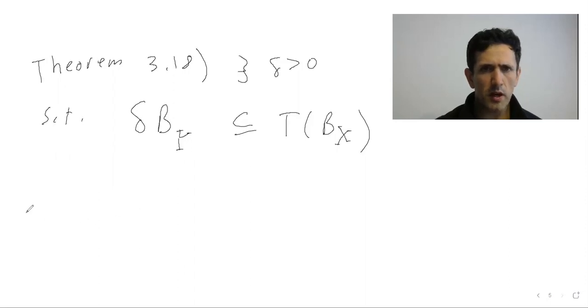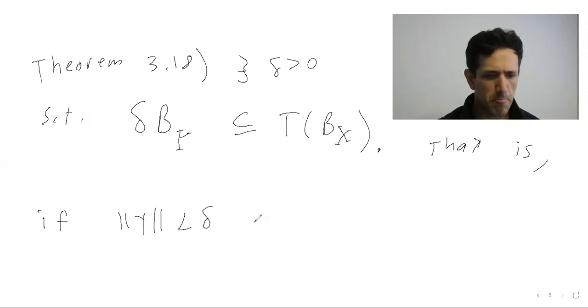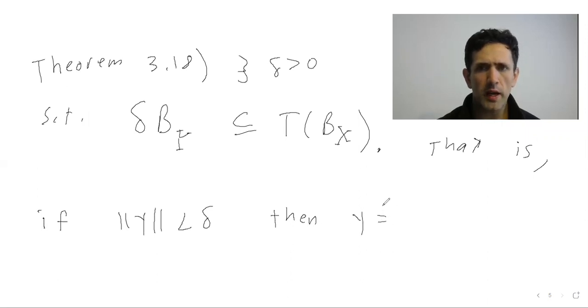Okay, so what does this really tell us? Well, what this is really telling me, and this is really what's important: if the norm of y is less than delta, then y is in the image of the unit ball of X. So y equals Tx for some x with norm less than 1.